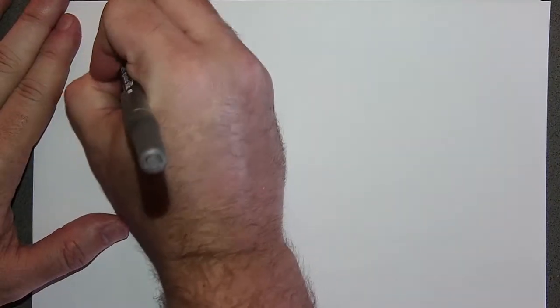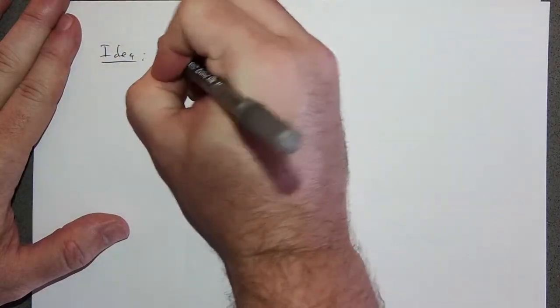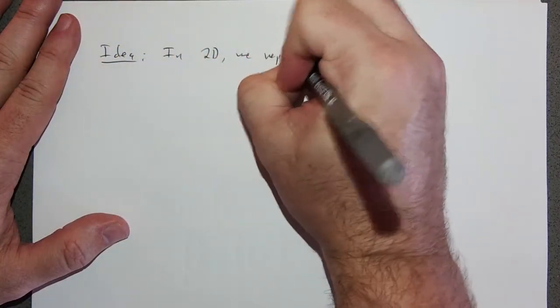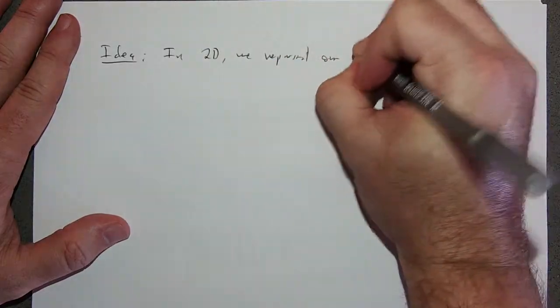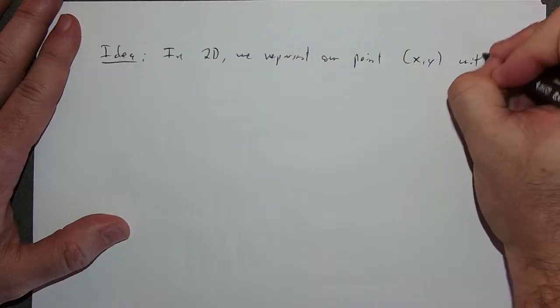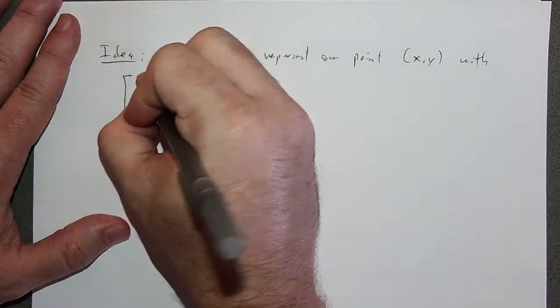And so, the idea. In 2D, we represent our point xy with the following.